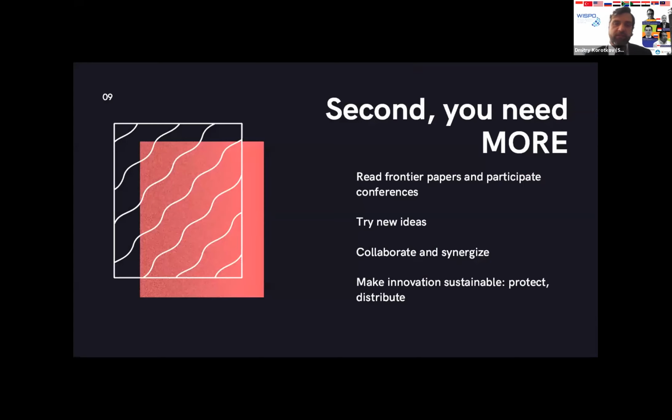And what can we learn from this interesting experience and the nature of innovation? I would like to mention a couple of key points. First of all, what we need more than education, or in addition to education: read frontier papers and participate in conferences.